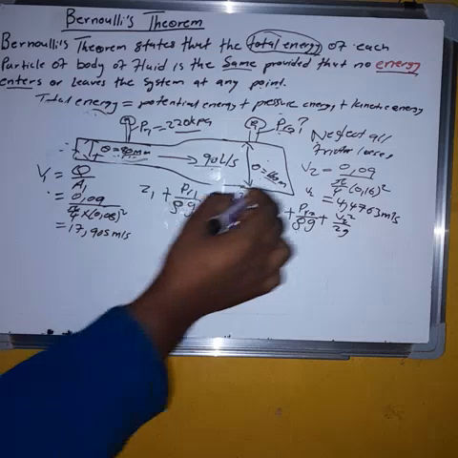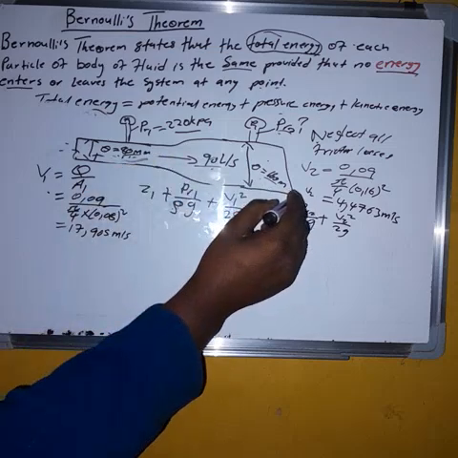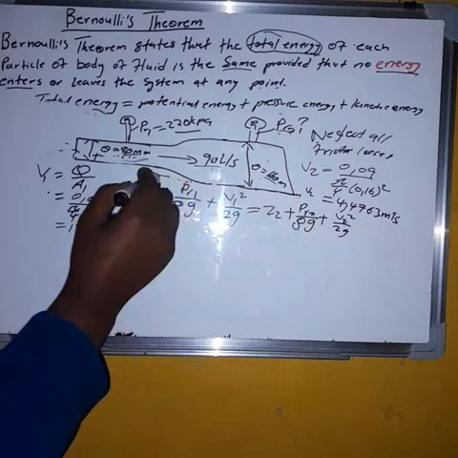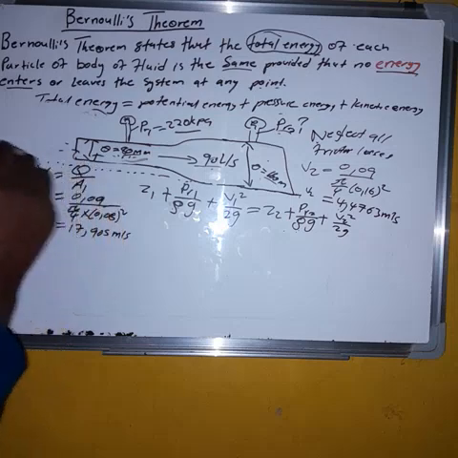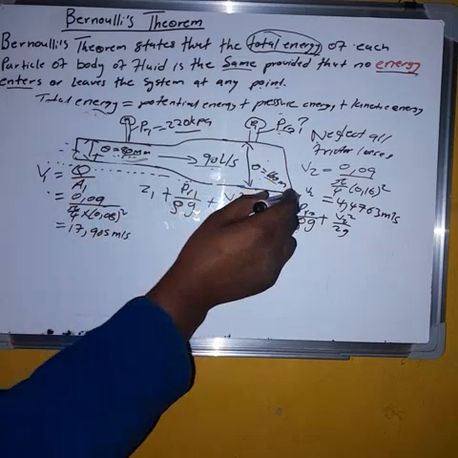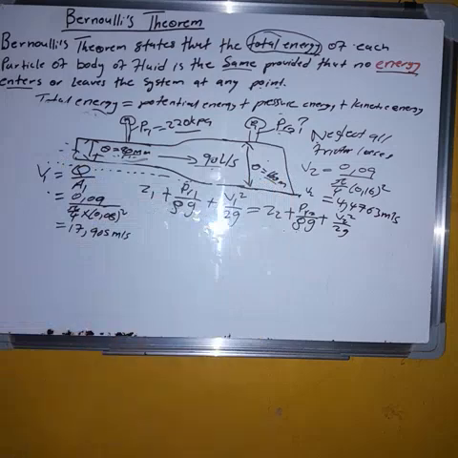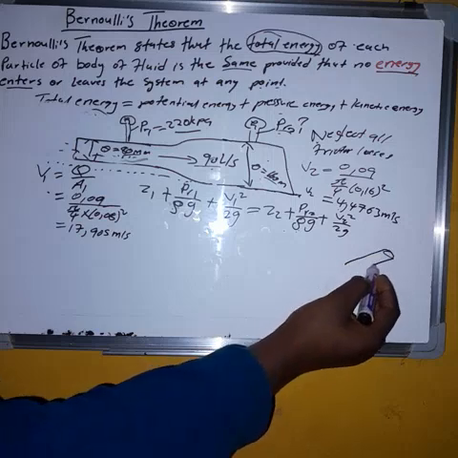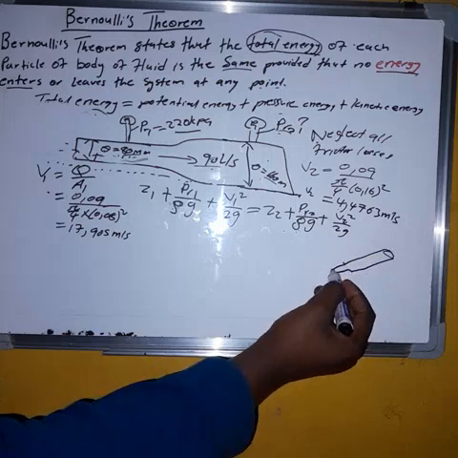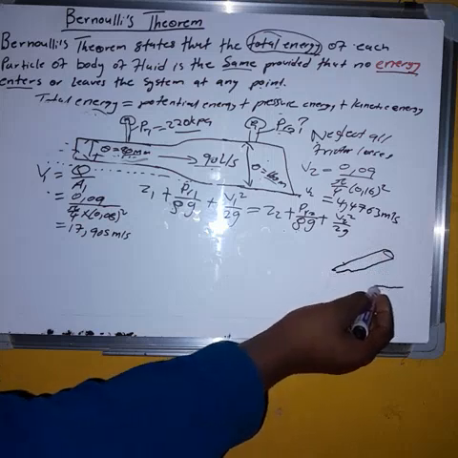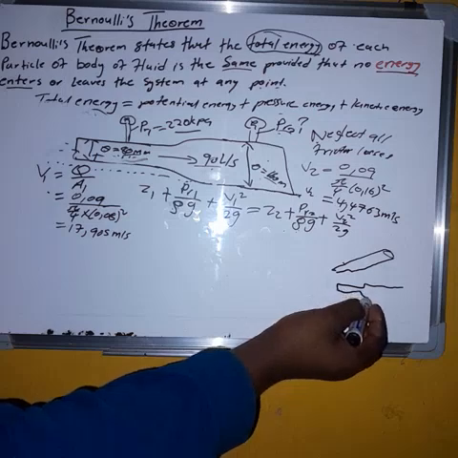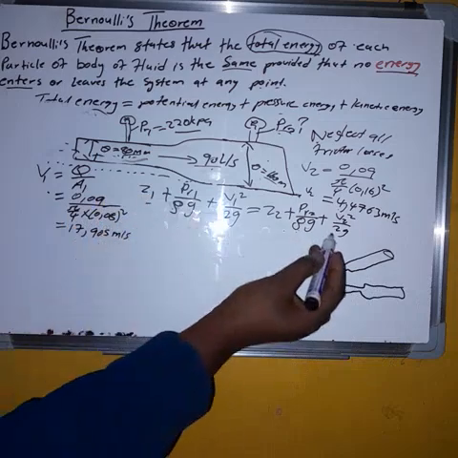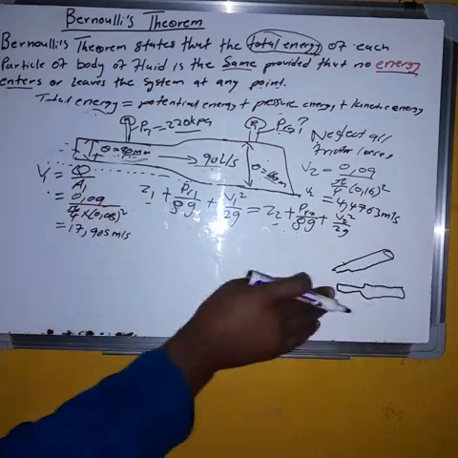So the static head: we take it along a datum line. The pipe is placed straight, horizontal. If it is placed strictly horizontal, our reference point will be equal to 0, because the pipe is not placed at a certain angle. Rather, it is placed horizontal, so our static head will be equal to 0.